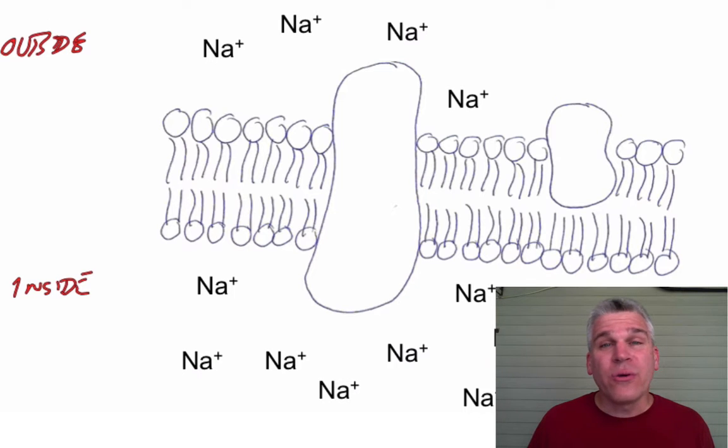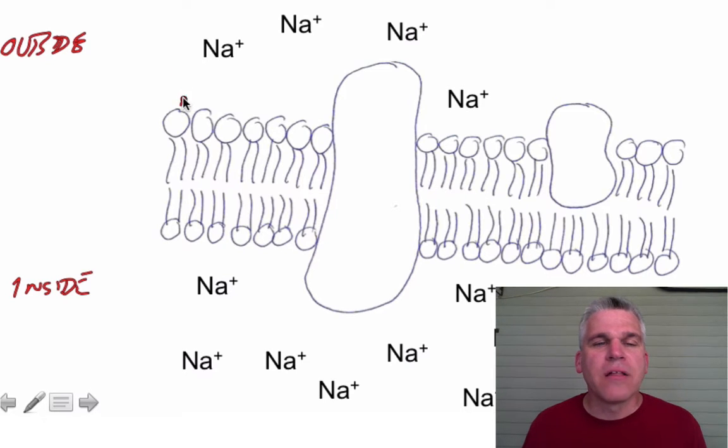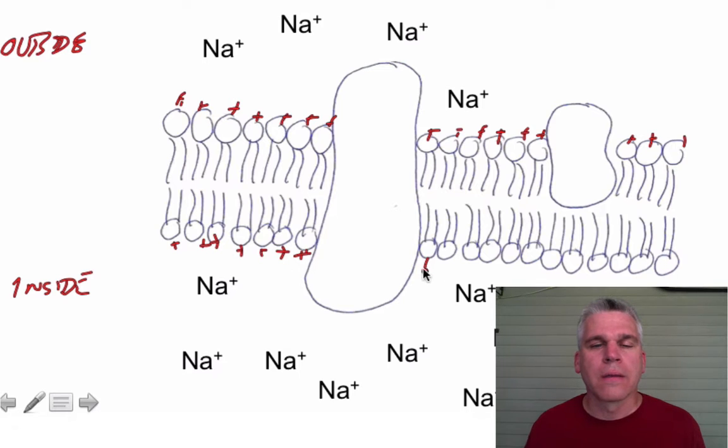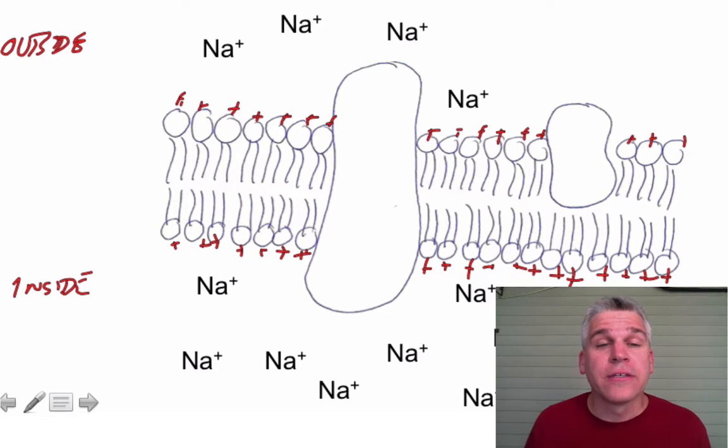Now, sodium, even though it's a small molecule, can't penetrate through the cell membrane because the cell membrane is slightly positively charged. Recall that opposites attract and like particles repel.